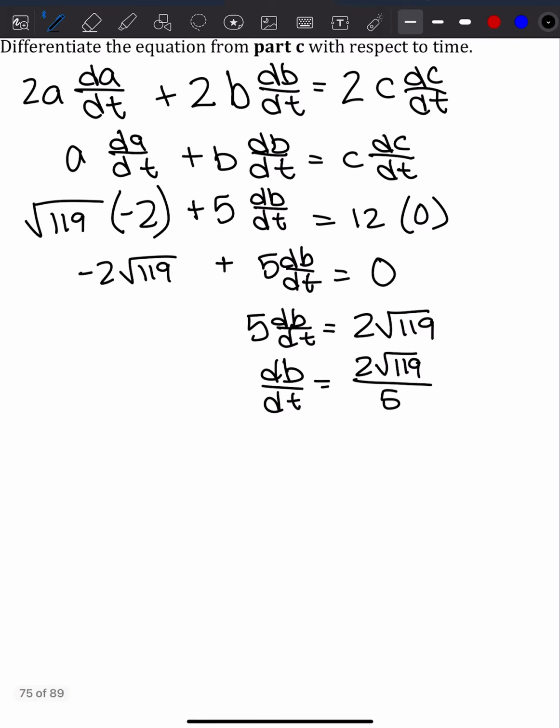Now, if I were to just give someone 2 times the square root of 119 divided by 5, that is not a very nice answer. So we also want to think about what that would be as a decimal. If I put that into a calculator, I'm going to get 4.363.